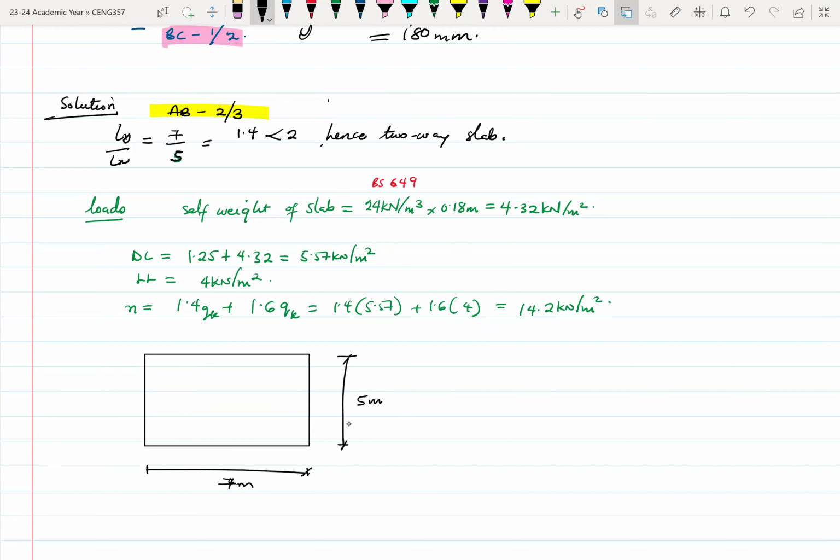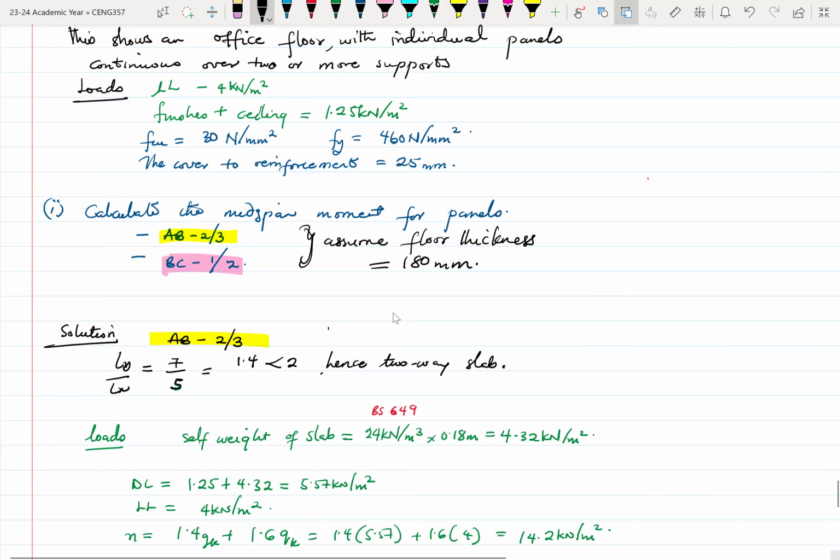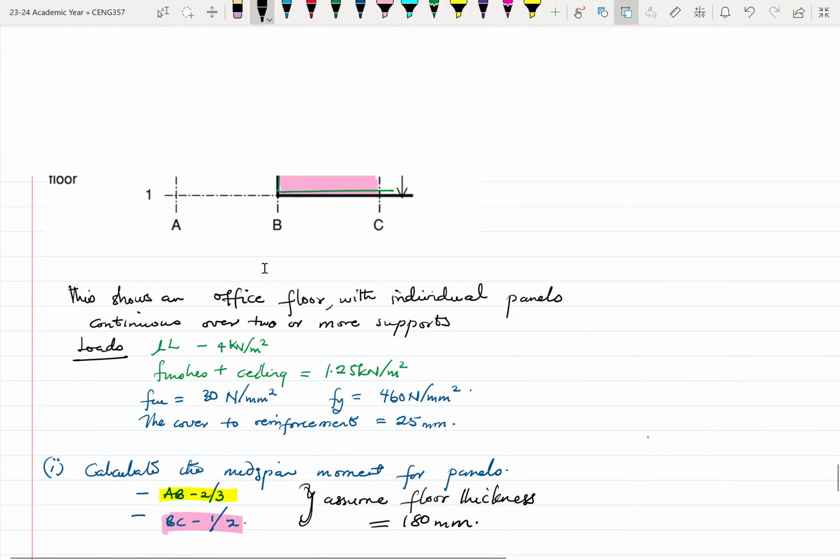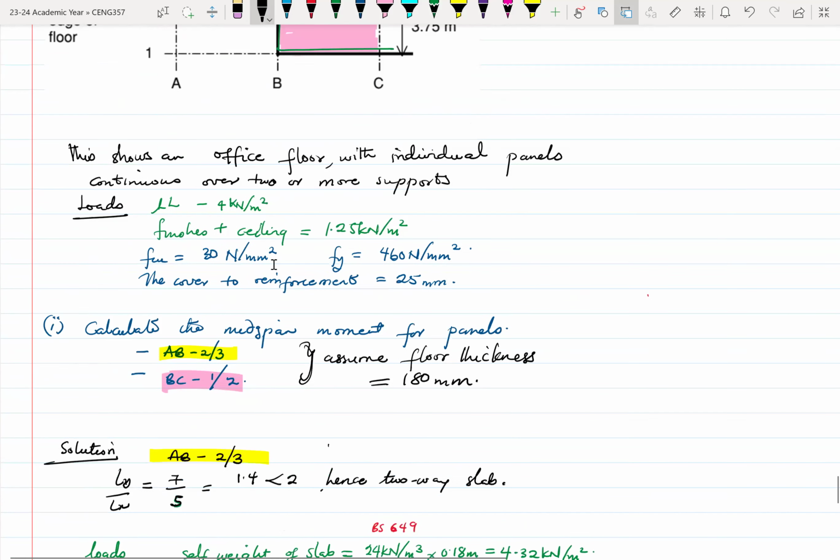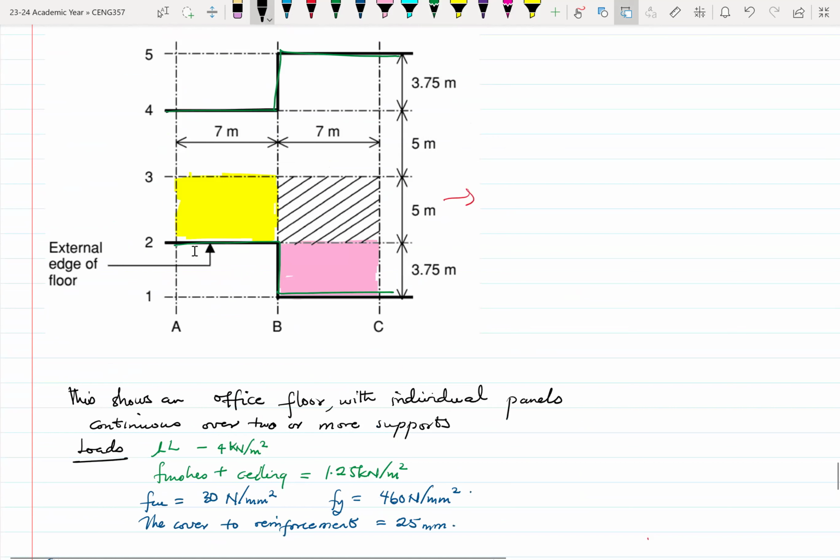Going back to the yellow shaded region, this end here is discontinuous because that is the edge of the floor.